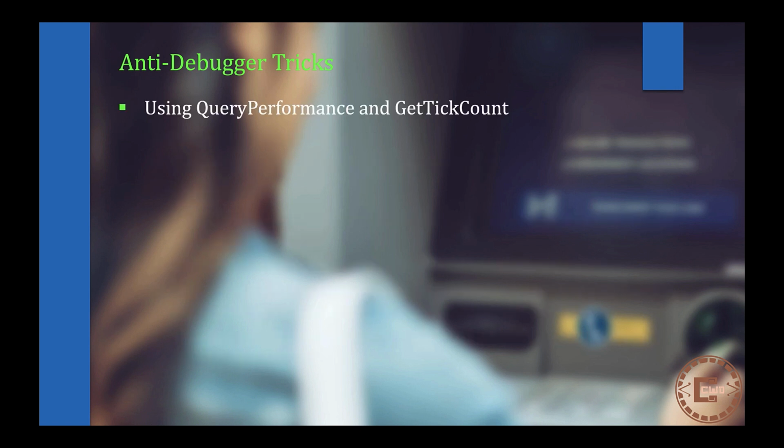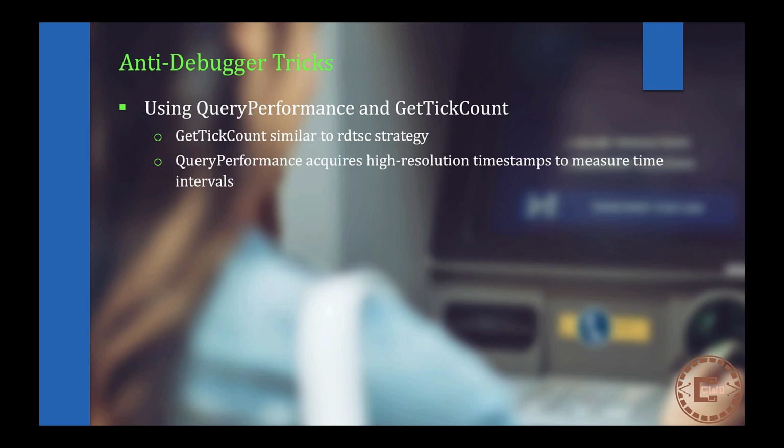Query performance counter and get tick count, same thing. They try to understand how long it's taking, and therefore check if it is a debugger. Query performance counter acquires high resolution to measure time intervals, but same idea.